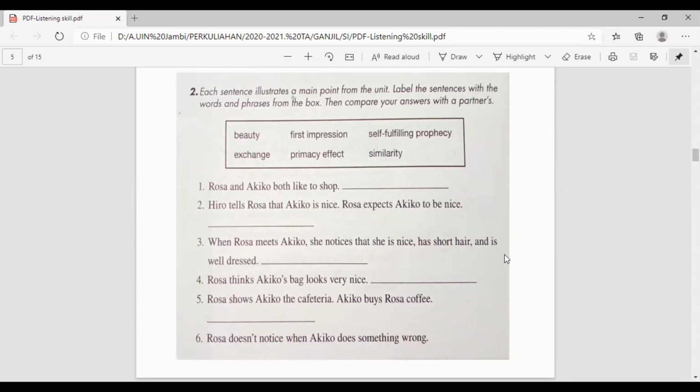Yeah. Label the sentences with the words and phrases from the box. Then compare your answer with a partner's. So you need to complete sentence number 1 to number 6 by taking a word or a phrase from this box. Okay, guys? Well, yeah, after this, we are going to continue to the second skill for today.